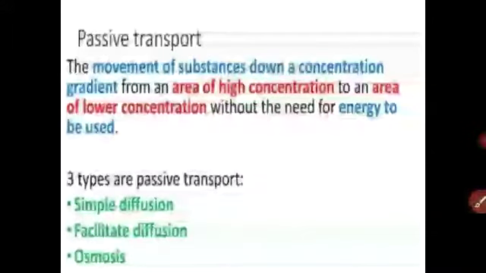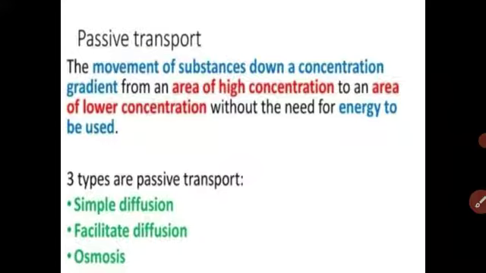Passive transport is the same as diffusion. It is nothing different from diffusion. Passive transport is also the movement of any substance from the region of higher concentration to the region of lower concentration without need of any energy. Diffusion and osmosis are also called passive transport.